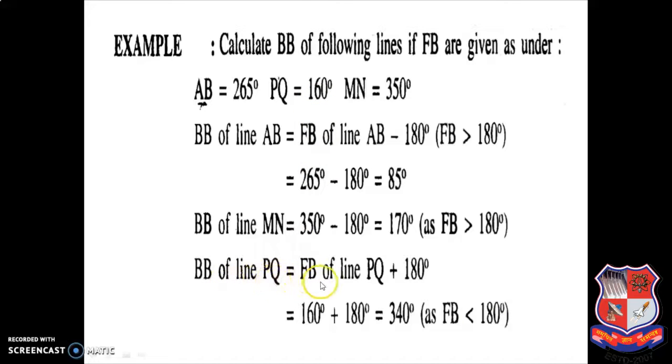Back bearing of line PQ is equal to fore bearing of PQ plus 180 degrees. 160 plus 180 is equal to 340 degrees.